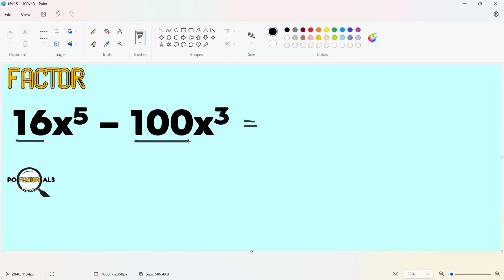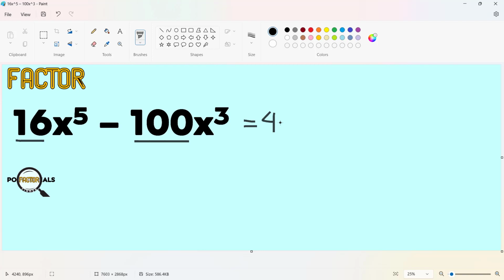The greatest common factor for both of them is 4. So we take out 4. So that's the first step. Once we take out 4, we know what will happen to the respective numerical coefficients. But let's do it after we take out our literal coefficients here.